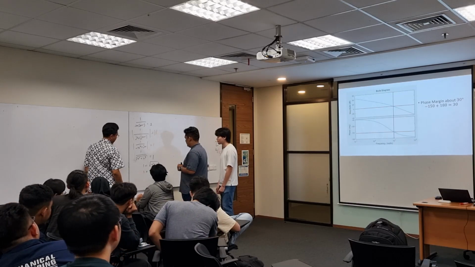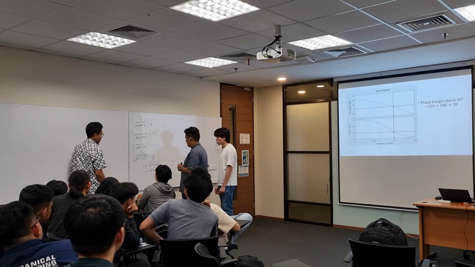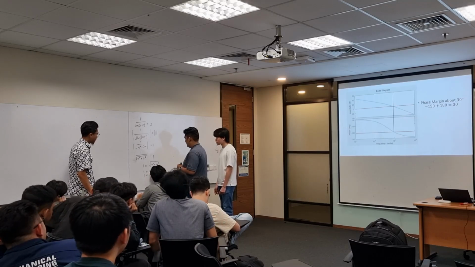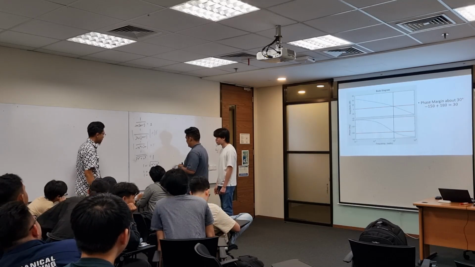Now you take out omega squared: 1 equals omega squared times (omega squared plus 1).